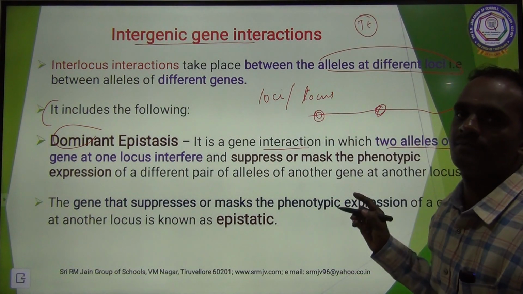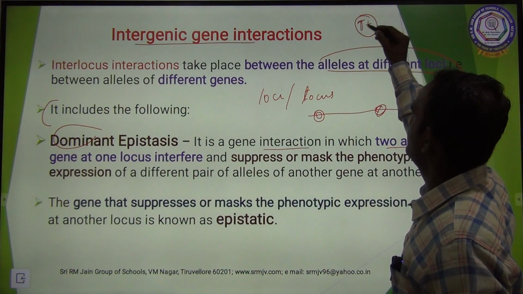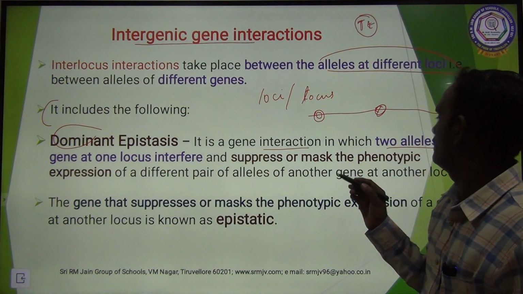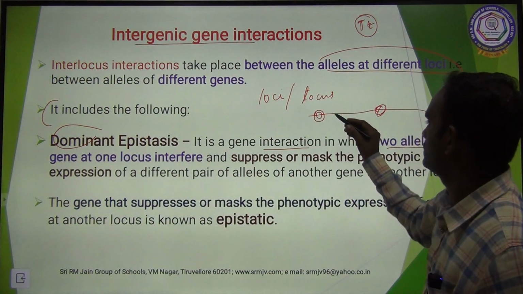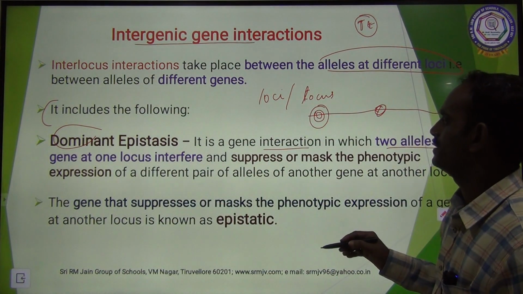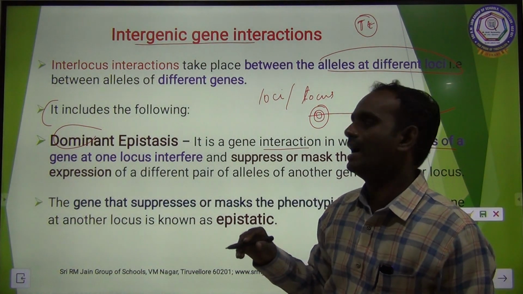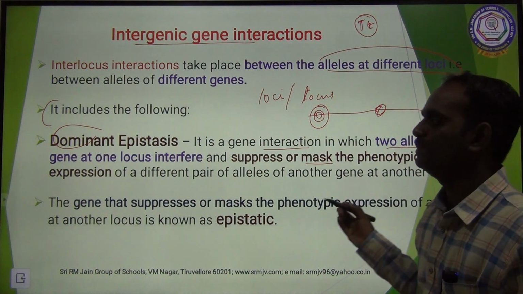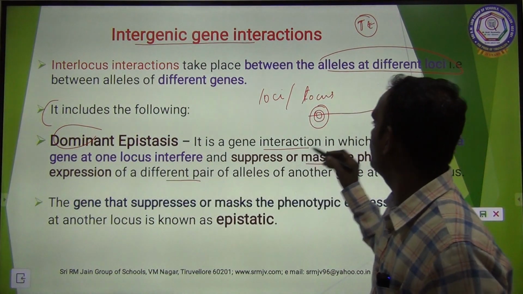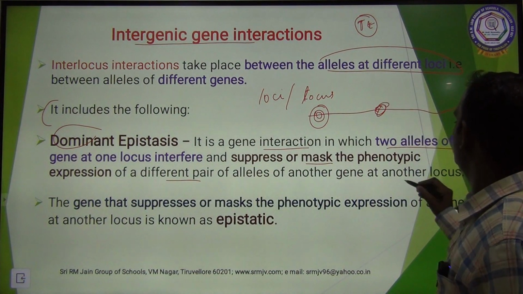This is one gene. The capital T is an allele, small t is another allele. So, two alleles of a gene at one locus interfere and suppress or mask the phenotypic expression of a different pair of alleles at another locus.